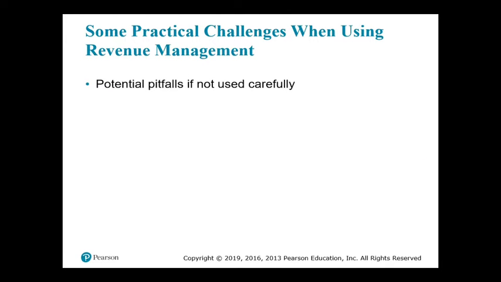Okay, so finally, some things to be careful of when using revenue management. You've probably heard of the high-profile case of United Airlines when they did the overbooking of their flight, and then they physically forced the customer to deboard the aircraft, and it became a very high-profile case.